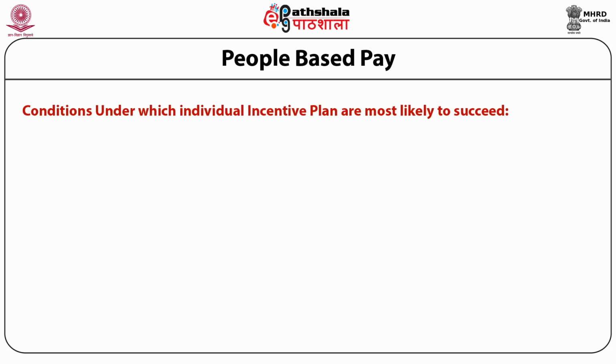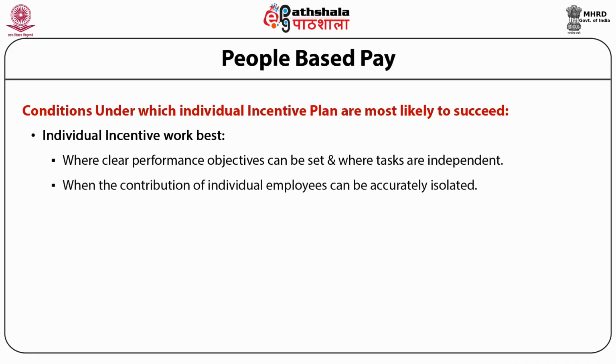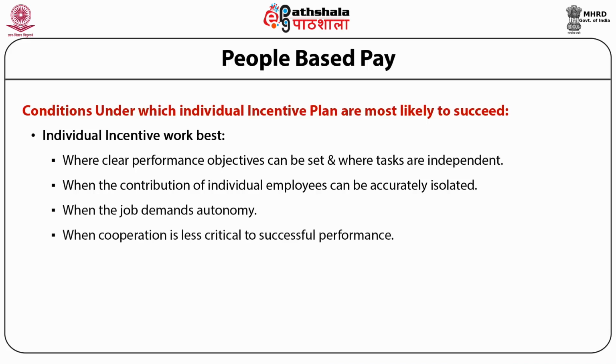Conditions under which individual incentive plans are most likely to succeed. Individual incentives work best, first, where clear performance objectives can be set and where tasks are independent. Second, when the contribution of individual employees can be accurately isolated. Third, when the job demands autonomy.